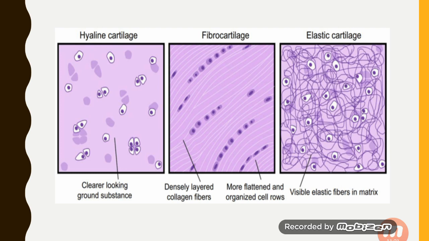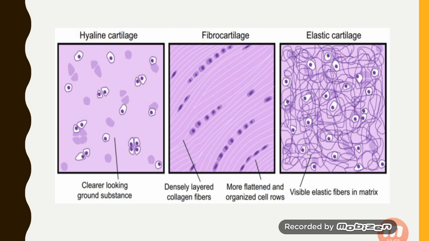The second type of cartilage is fibrocartilage. This type of cartilage has a matrix that contains bundles of collagen fibers. You can see the densely layered collagen fibers. These are basically the bands which are shown by a purple color, lighter tone.